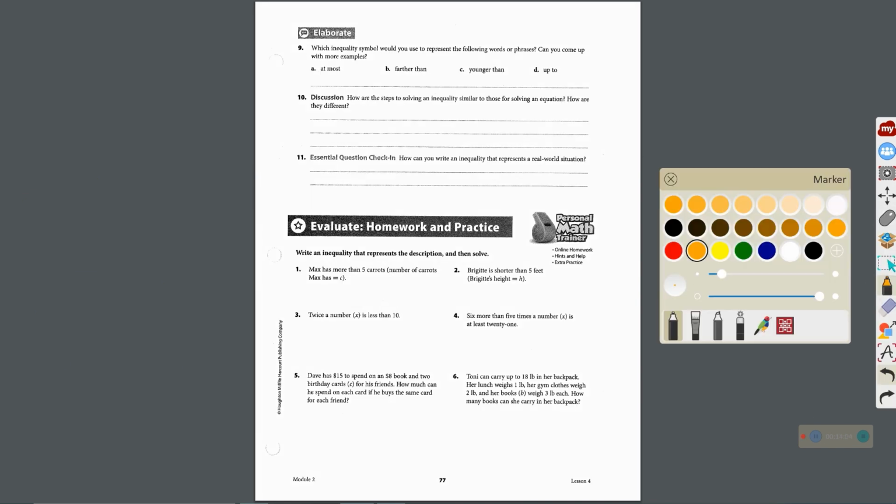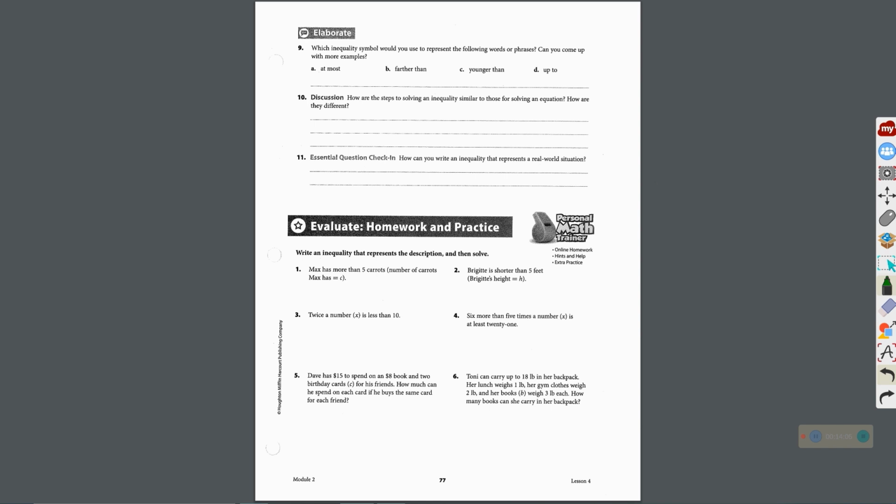Alright, this next step asks us about the phrases and which symbol we would use to match with them. Which inequality symbol would you use to represent the following words or phrases? A, at most, means it could be less than or equal. Farther than has to be greater than, younger than, less than, and up to.